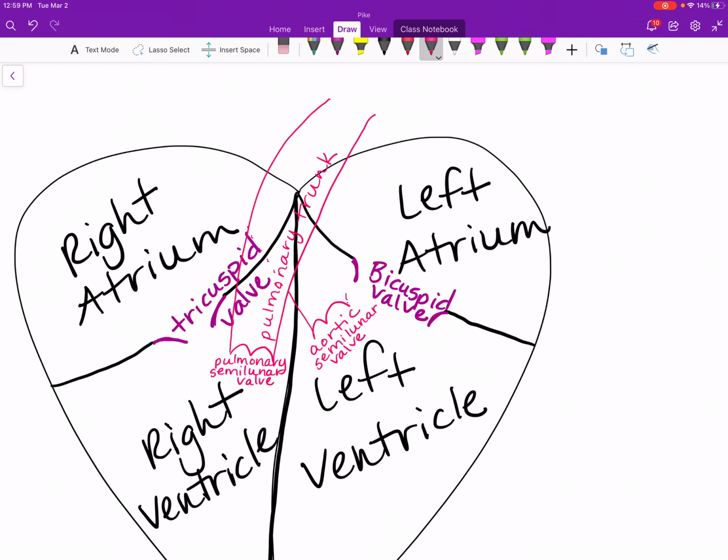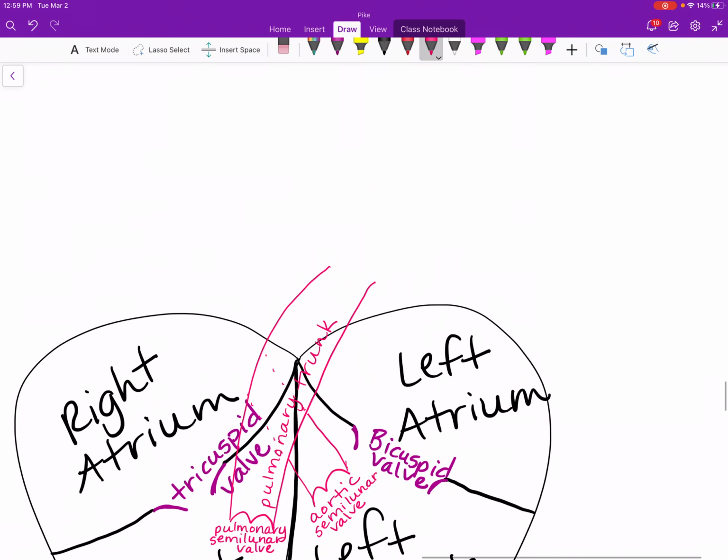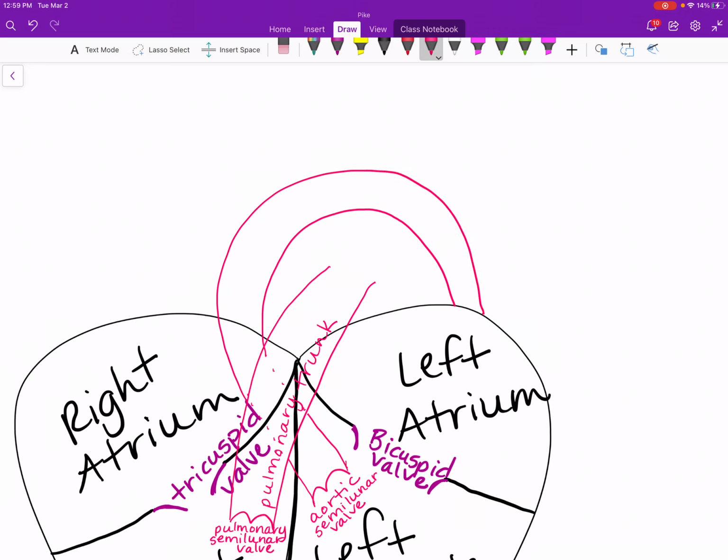I know this is kind of weird, kind of difficult. But then it's going to arch over like this. It's actually a tiny bit fatter than that, so I might want to try that line again.